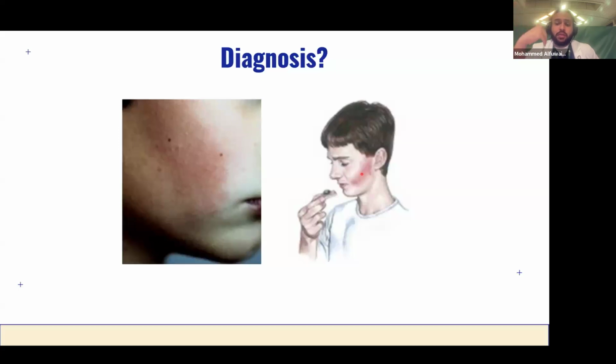If you have the auriculotemporal nerve and the sympathetic fibers, because of abnormal healing, they start to connect together, and this will cause every time they eat, they have this area of redness and sweating. This is called Frey syndrome, and it's because of the auriculotemporal nerve with the sympathetic fibers.